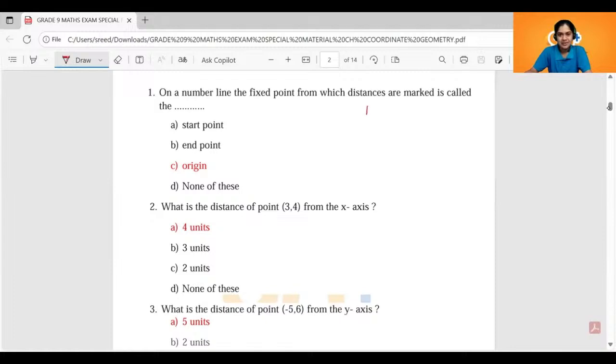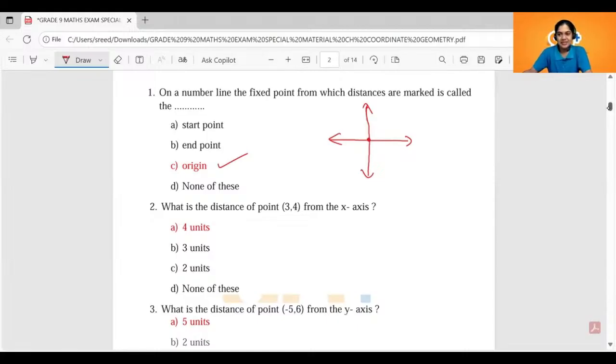This is the main point from which we mark the distances. We call this point the origin of the Cartesian plane.